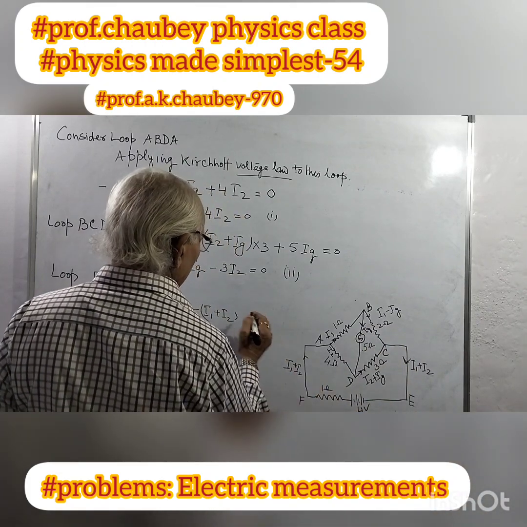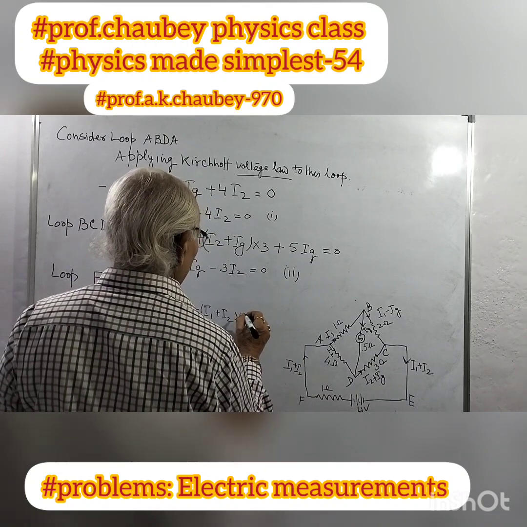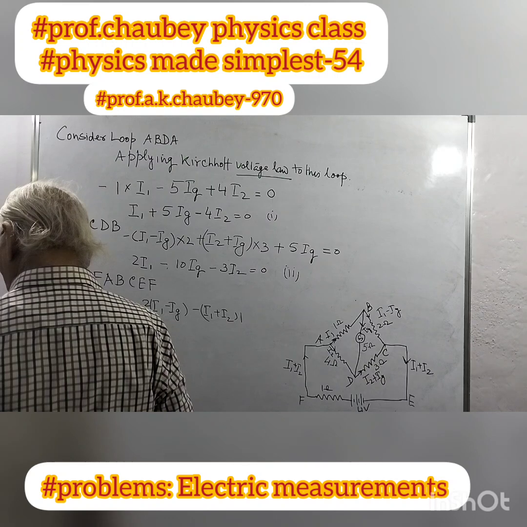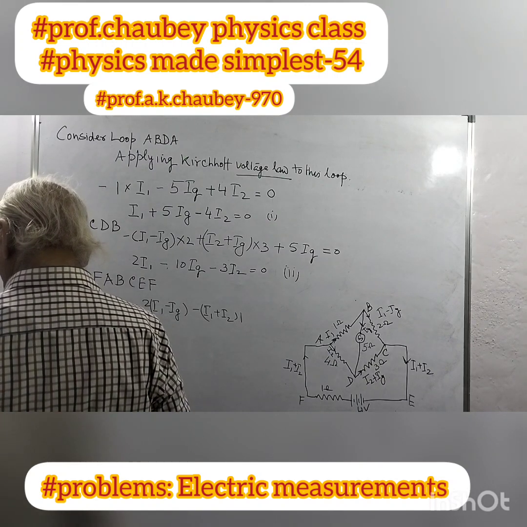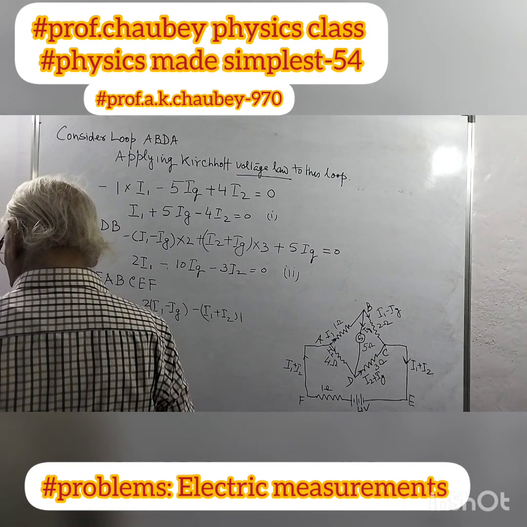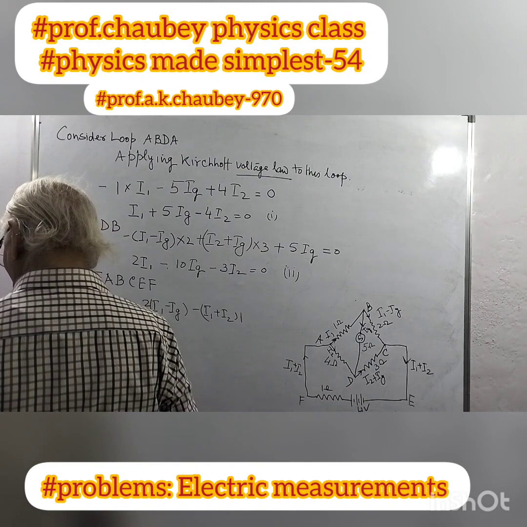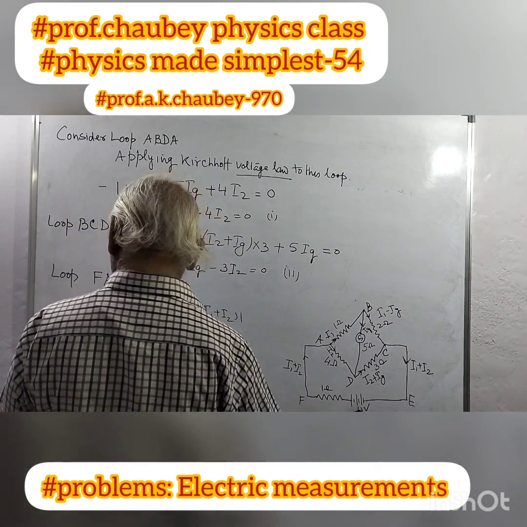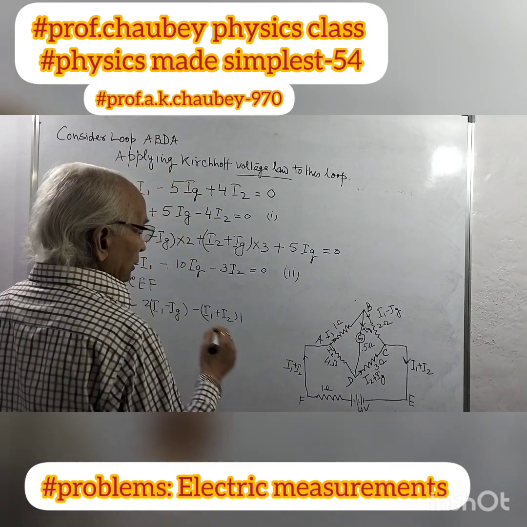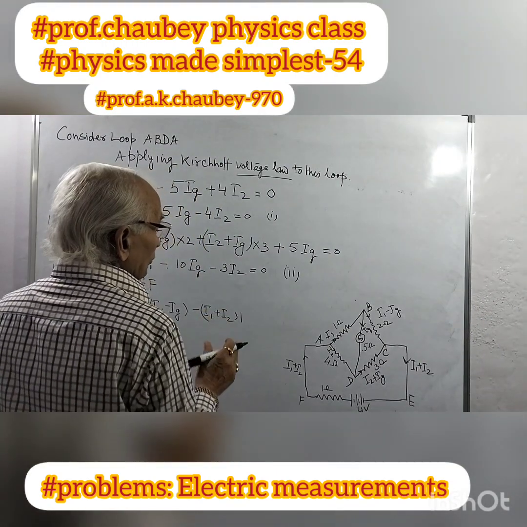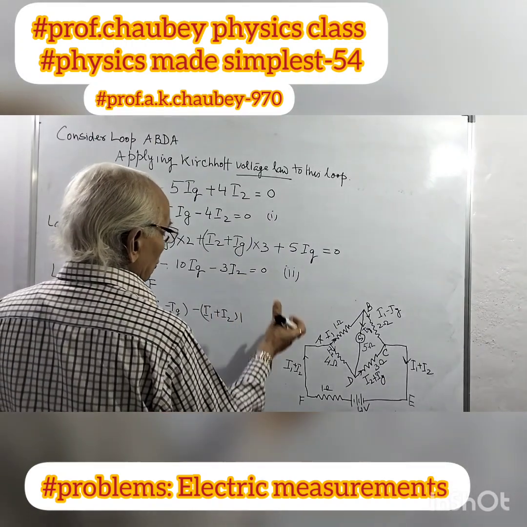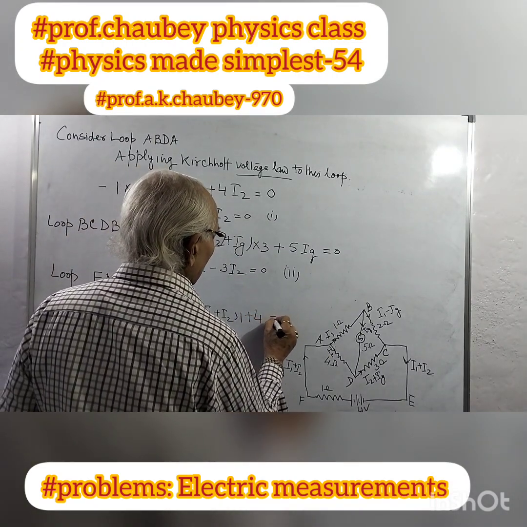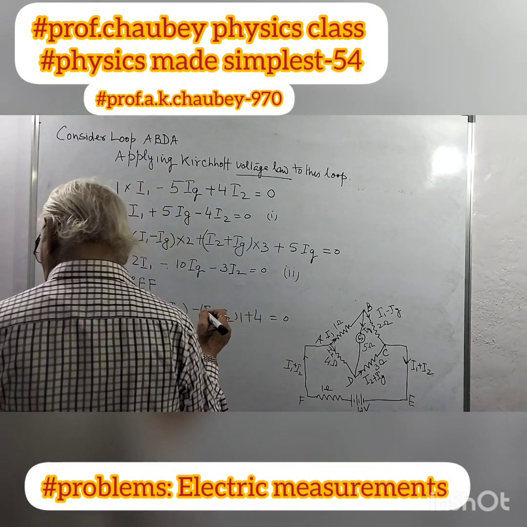So this is 1 ohm internal resistance, so into 1. And what else? Plus 4, because there is a voltage source here. So either total voltages are 0 or applied voltage is equal to that. So we can write total voltage plus 4 volt is equal to 0.